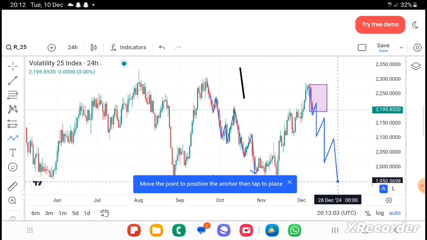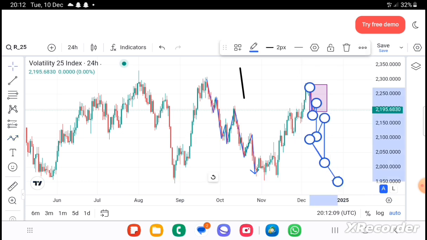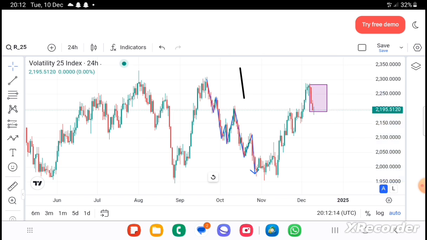I'm hoping that by the close of today, this candle is going to close bullish, so that it's a massive confirmation for the sell.